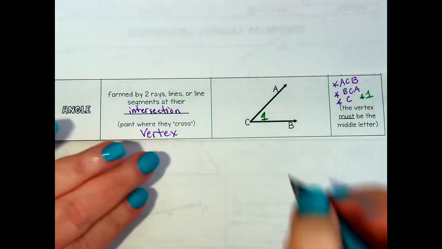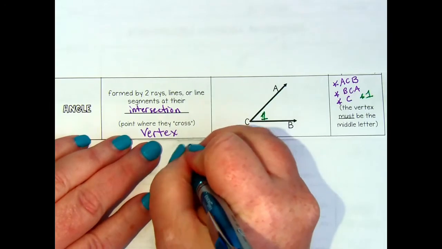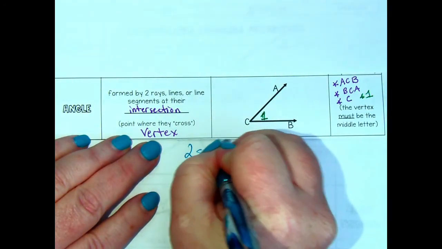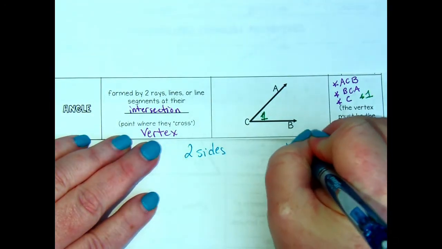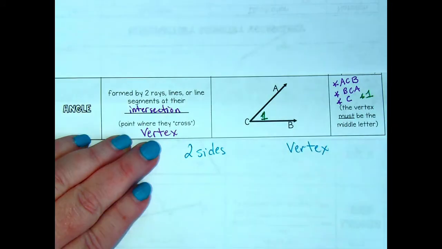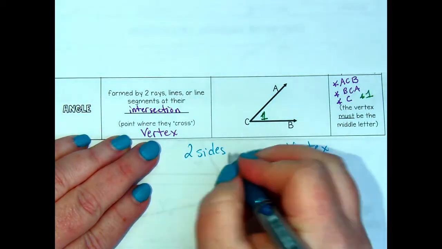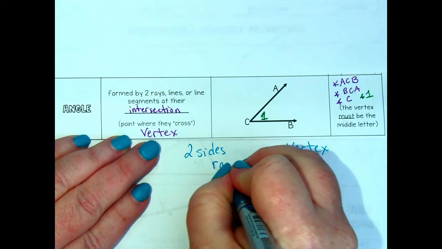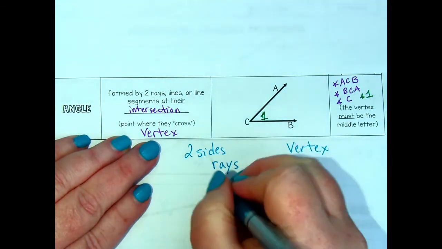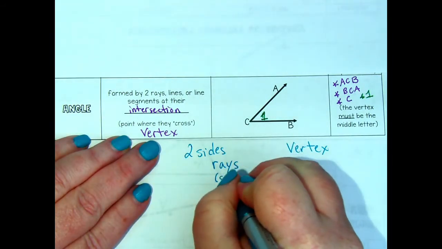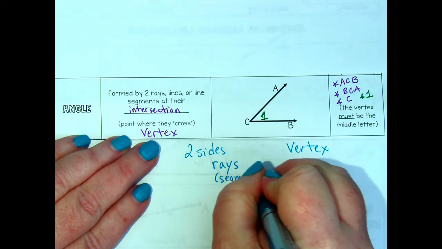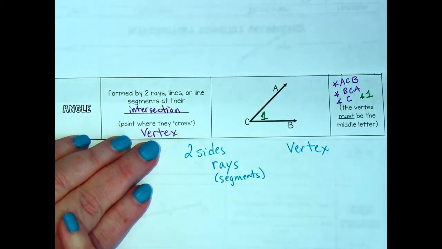The angle is made up of two sides and a vertex. The sides are always rays. Occasionally, depending on the picture, they can be segments, but 99% of the time they are rays.